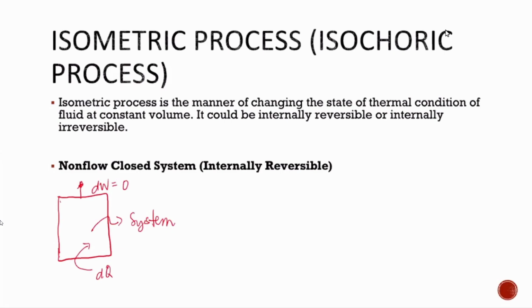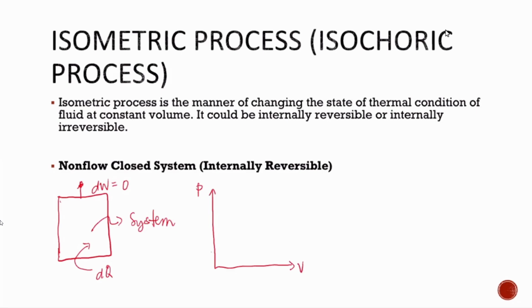Okay, so if we are going to draw the PV diagram of an isometric process for a non-flow closed system, this is what it looks like. We have our PV diagram, pressure versus volume, or it can be a specific volume. We said the isometric process is constant volume.